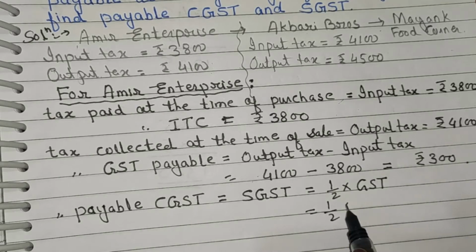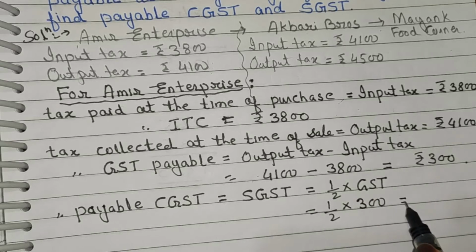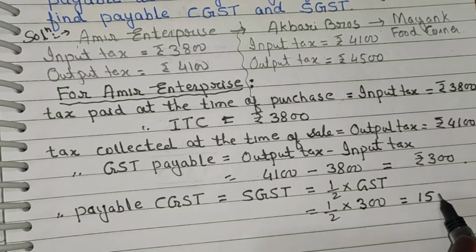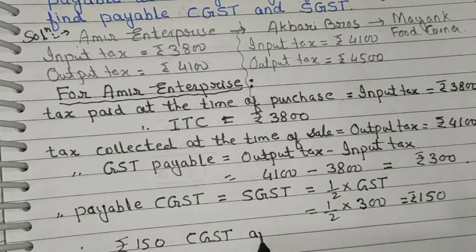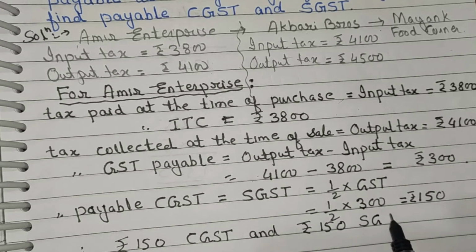Therefore, half of GST. Now the GST is rupees 300. 2 ones are 2, 2 fives are 10. Now we get here rupees 150 for CGST and rupees 150 for SGST.